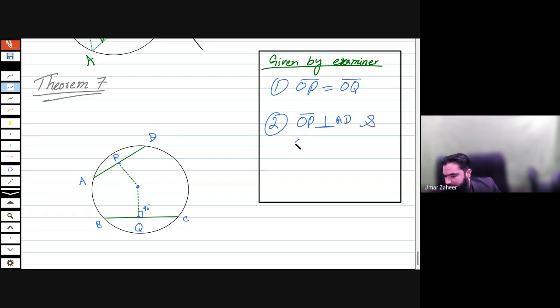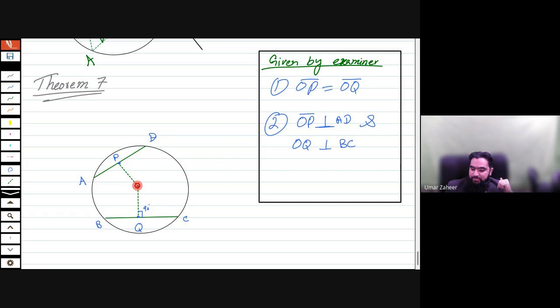and OQ is perpendicular to BC. This is the line on this one. It is perpendicular because we know that the perpendicular distance is always the shortest distance. So we are going to be taking a perpendicular distance from the center to the chord AD and to the chord BC.